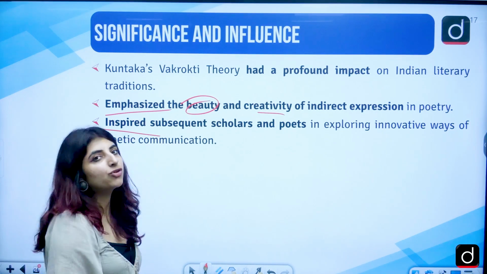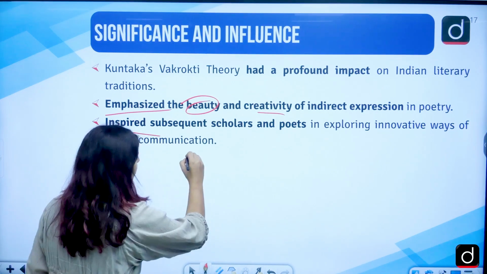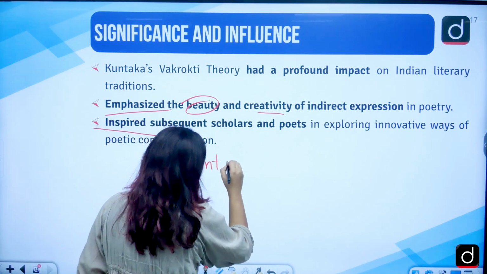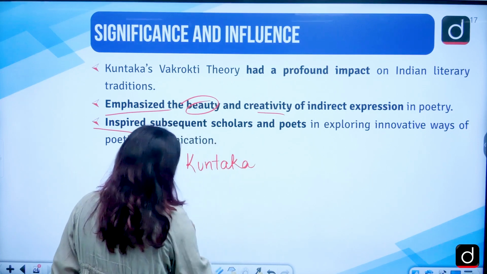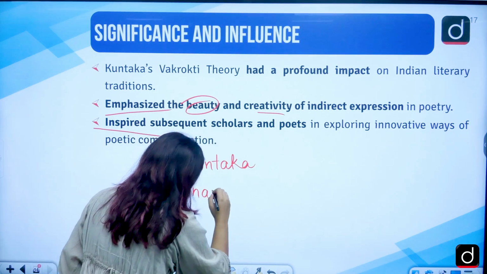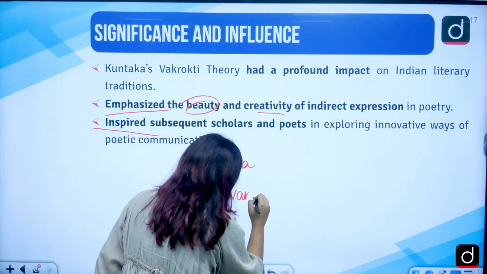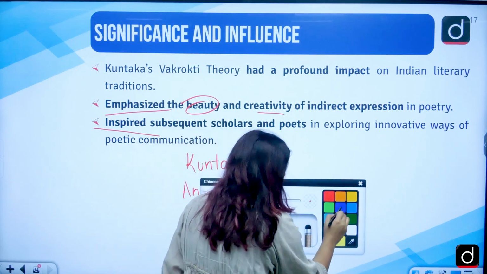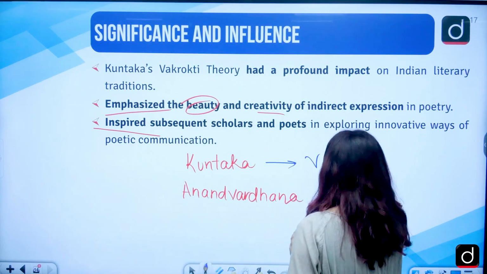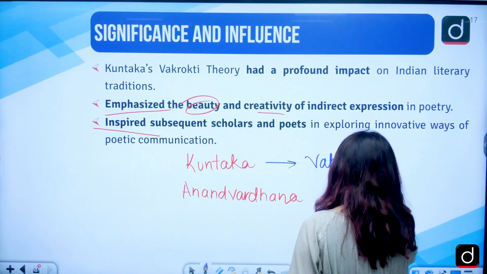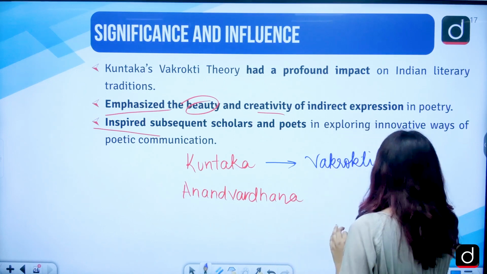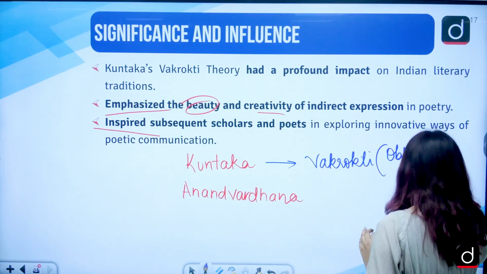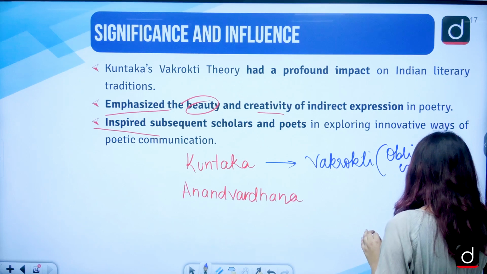Inspired subsequent scholars and poets. So we need to know again Kuntak and Anandavardhan. Kuntak gave the theory of Vakrokti, which is oblique or blurred expression.